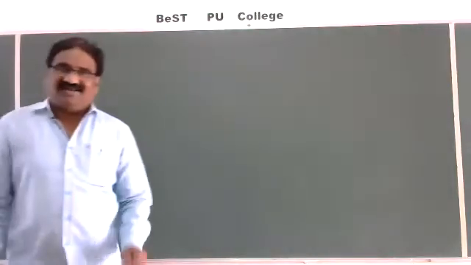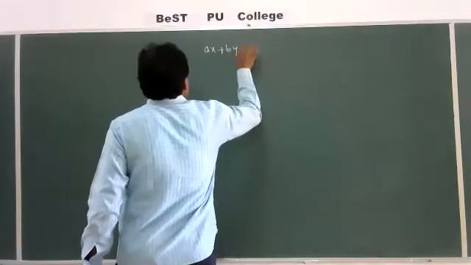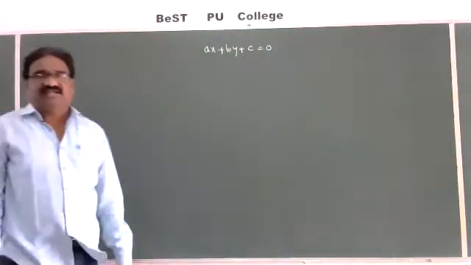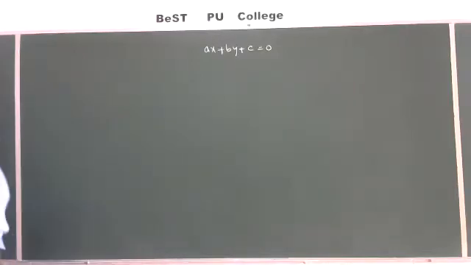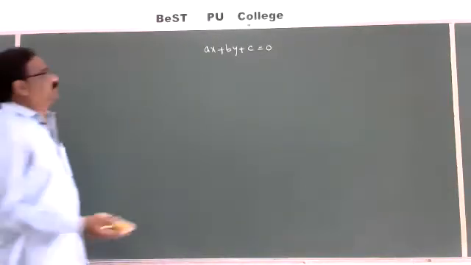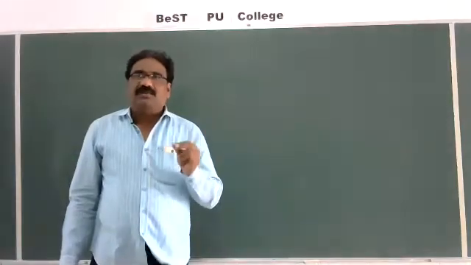You already know the equation of a straight line is ax + by + c = 0. Before discussing straight lines, first we are going to discuss what is meant by inclination and what is meant by slope of a line.